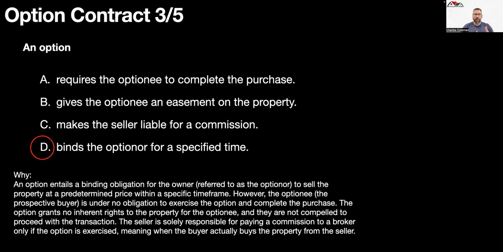However, the optionee, the prospective buyer, is under no obligation to exercise the option and complete the purchase. The option grants no inherited right to the property for the optionee, and they are not compelled to proceed with the transaction. All right.